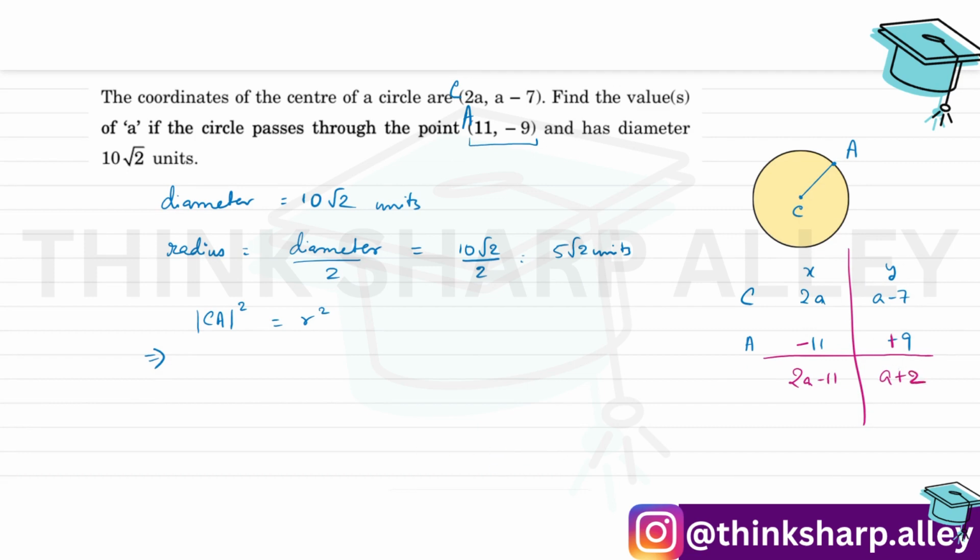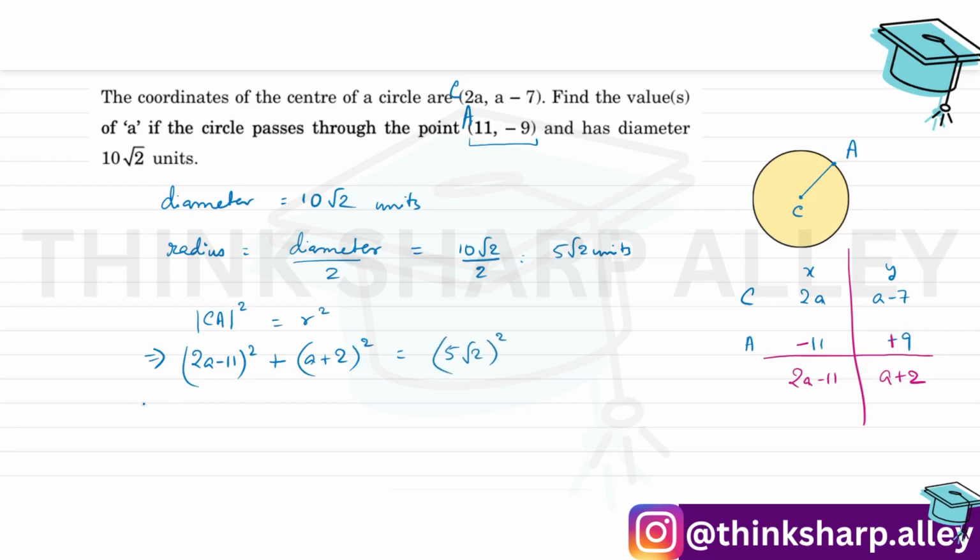Now we don't have to write the square root anymore. So we have 2A minus 11 whole square, because we have to take the square of the difference, plus A plus 2 whole square, which equals R square, 5 root 2 square.